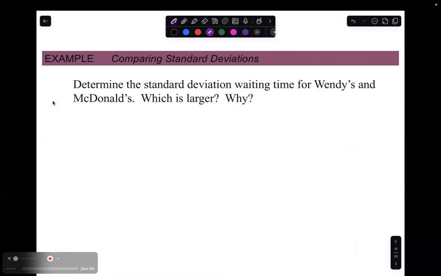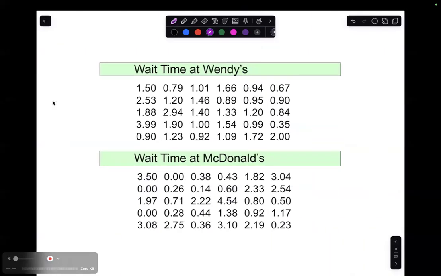Okay. All right. So we're going to talk about a use for standard deviation: comparing standard deviations. We're going to take a look at McDonald's and Wendy's. This is wait time at McDonald's and Wendy's. In my brain, it's the drive-through, but I don't know if it is or not.